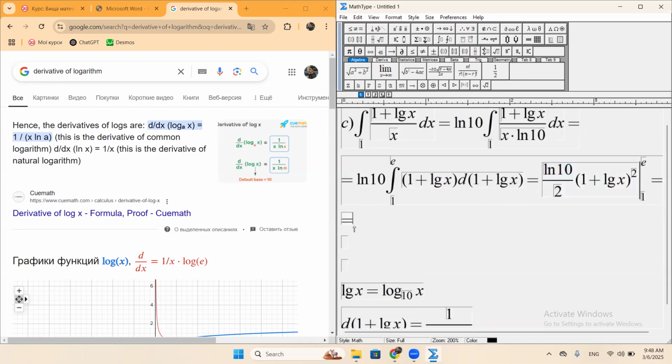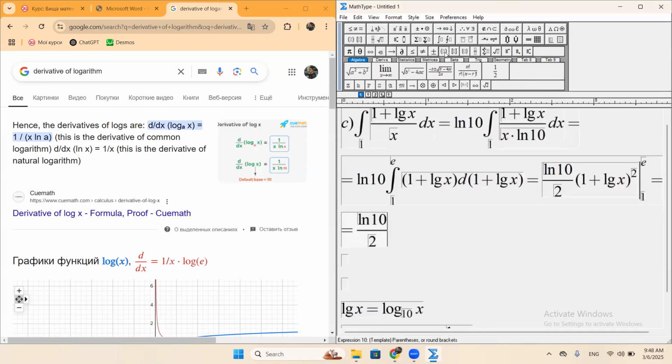So let's calculate. 1 plus the logarithm of x, logarithm of e, and this expression in power of 2, minus 1 minus 1, because the logarithm of 1 is 0.